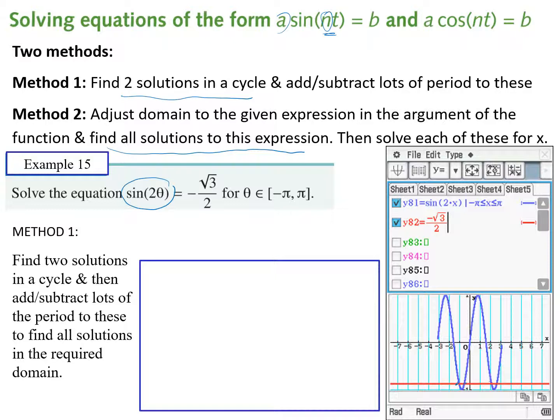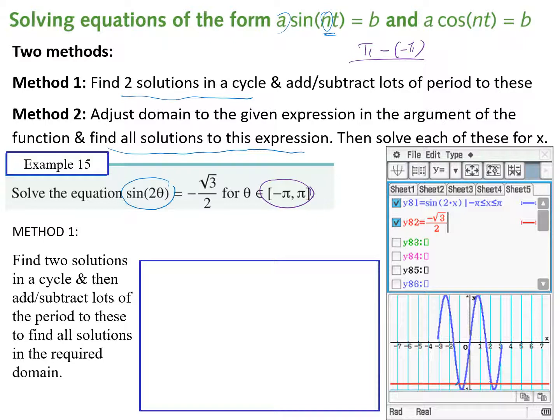Because it has gone through 2 cycles. How do we know that it's gone through 2 cycles? I'm just going to show you how to find how many solutions there are. So you take pi minus negative pi. So within this domain, there are 2 pi units.